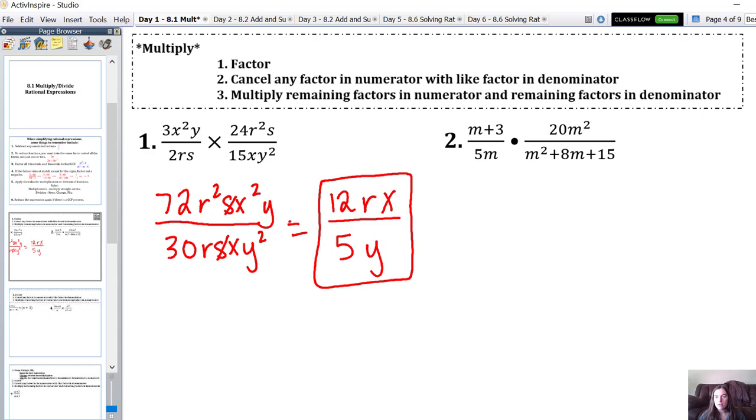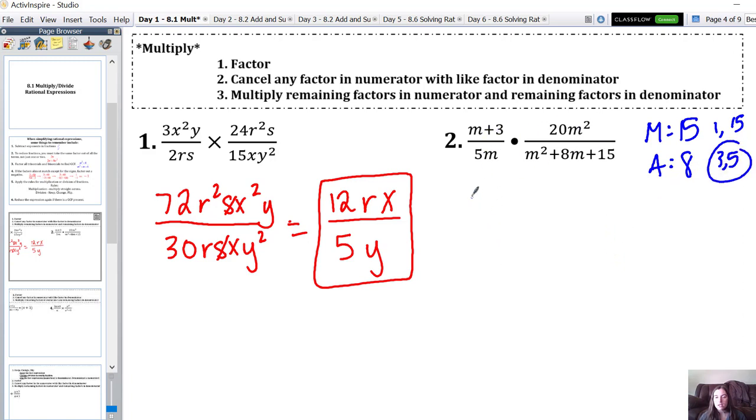Number 2, we have m plus 3 over 5m times 20m squared over this trinomial m squared plus 8m plus 15. I'm going to factor this trinomial, so let's see, what multiplies to 15 that adds up to 8? The factors of 15 are 1 and 15, or 3 and 5. The ones that add up to 8 are going to be 3 and 5.